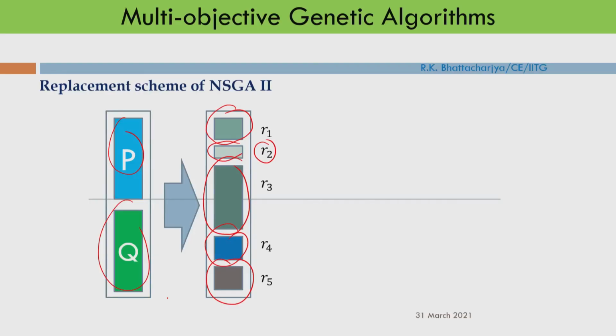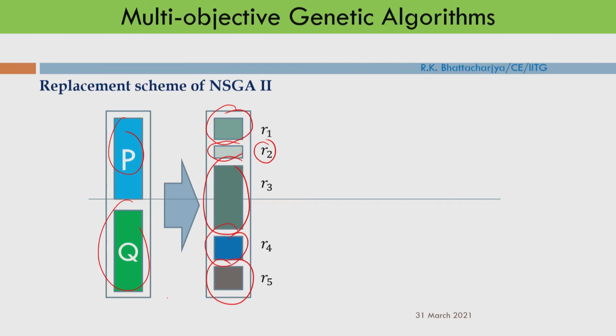Now, let us see. This is the population and we have created a new population Q. We combine these populations and do the non-dominated sorting. These are the solutions with rank 1, the non-dominated solutions. After removing them, we do non-dominated sorting again, so this is the rank 2 solution, then rank 3, rank 4 and rank 5.